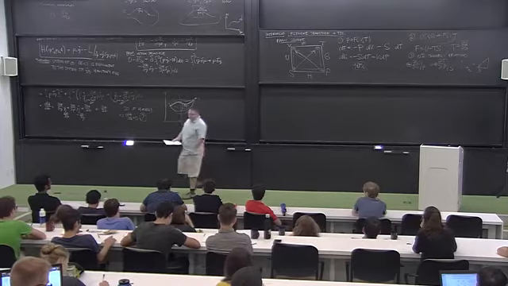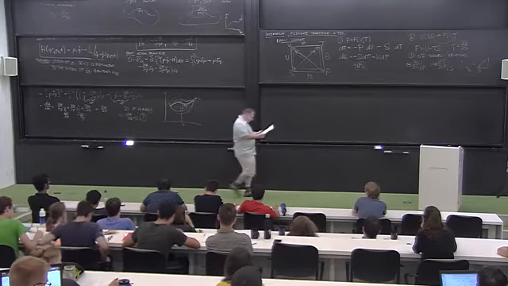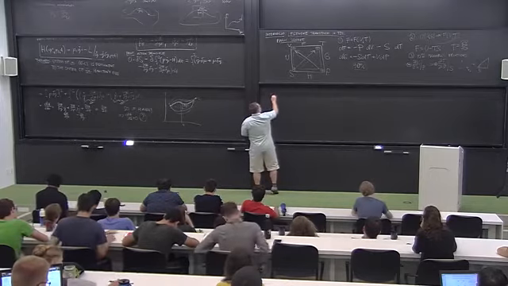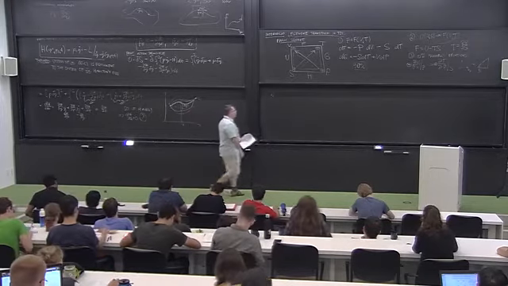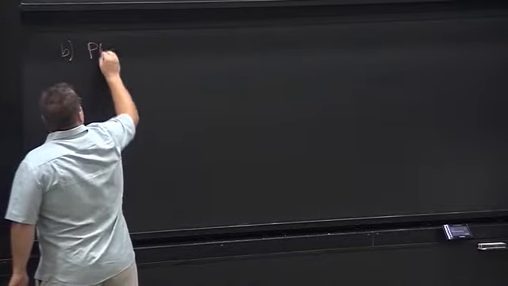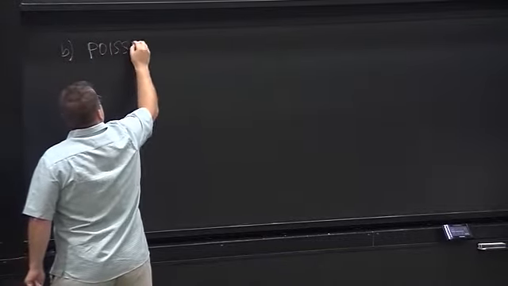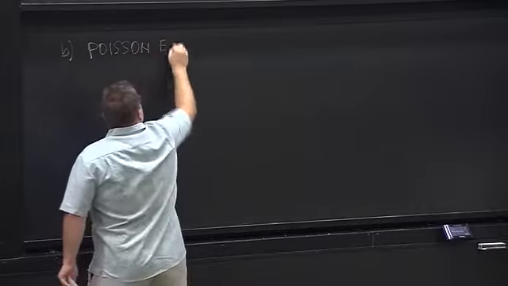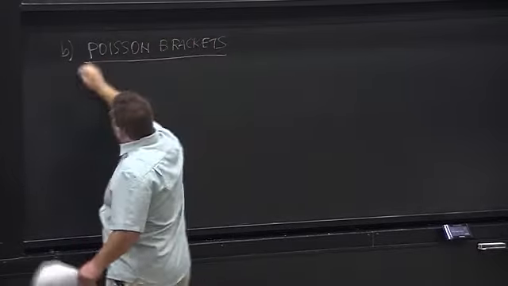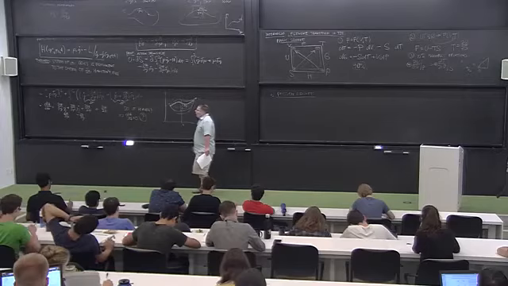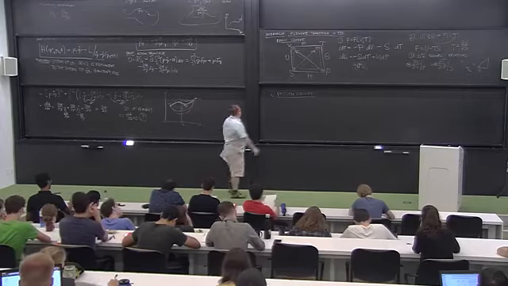Okay, at the end of the intermezzo, we can continue. So part B: a very interesting structure is that of Poisson brackets. Let me start with the definition.